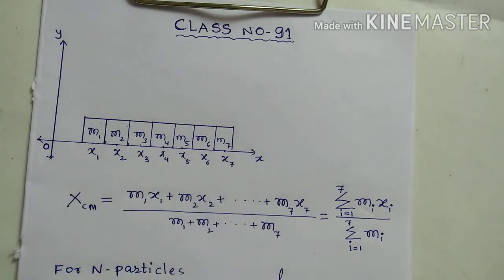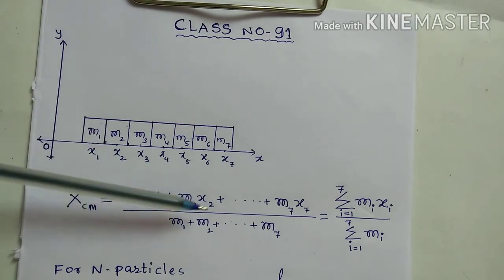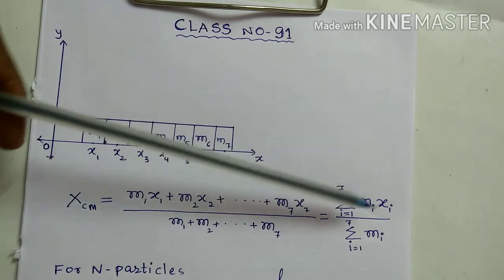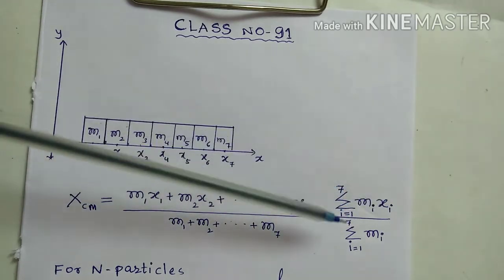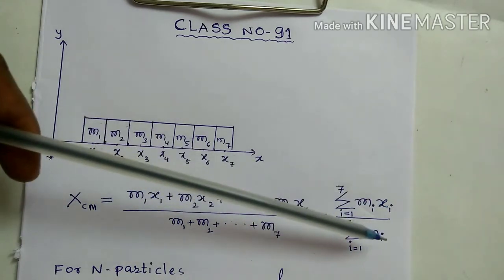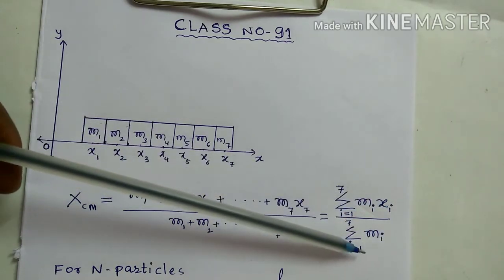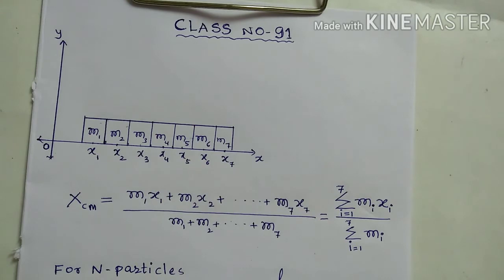So we can simply write this as summation over mi xi, i runs from 1 to 7, divided by summation over mi, i runs from 1 to 7. You understood this now?